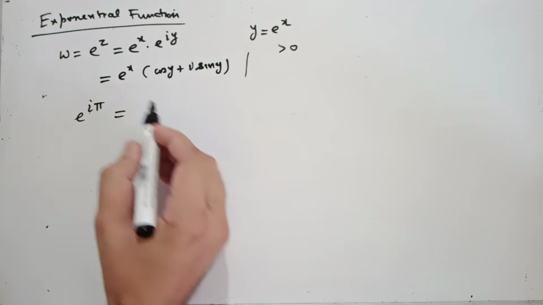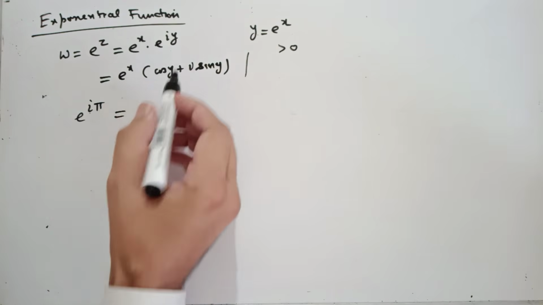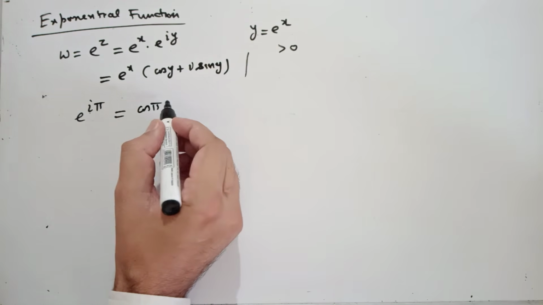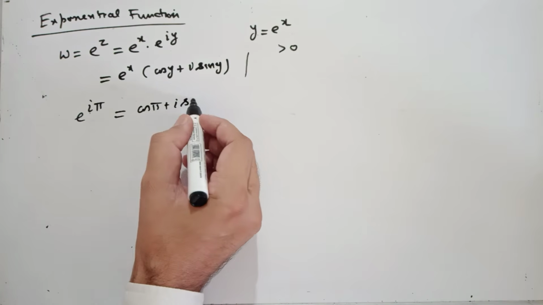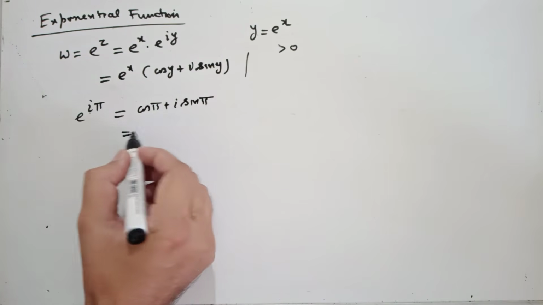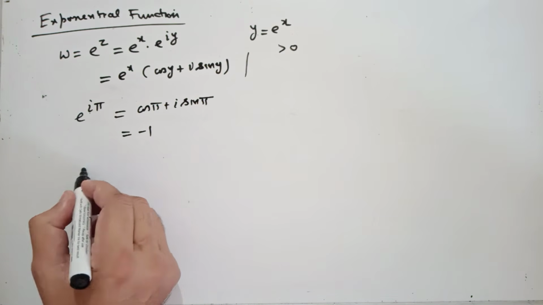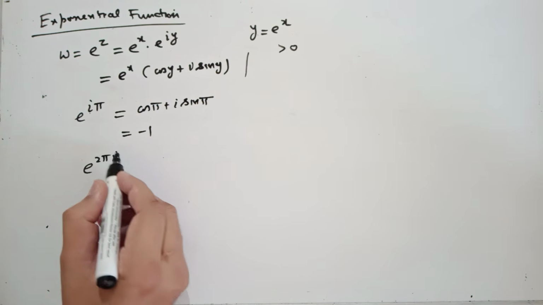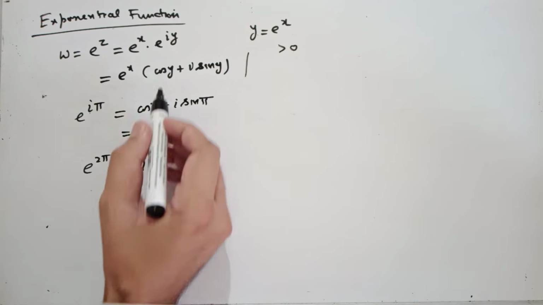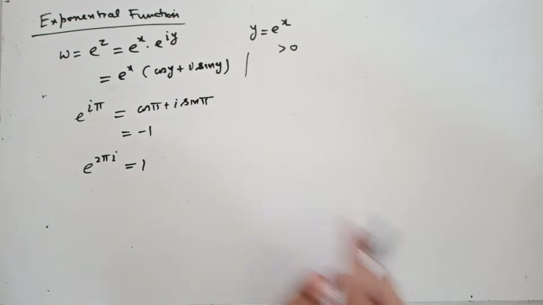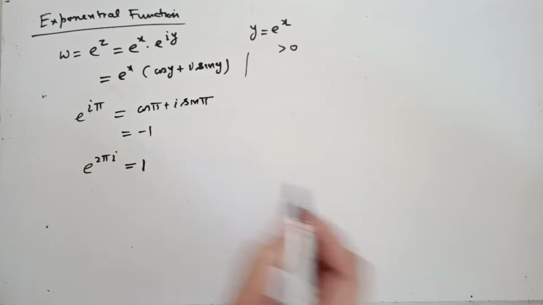So according to this definition, here x is 0 and y is pi. So it is cos pi plus iota sine pi. That means minus 1. So for complex exponential function, value can be negative. Likewise, you can check e power 2 pi iota is 1. Cos 2 pi plus iota sin 2 pi. It's 1. Okay.